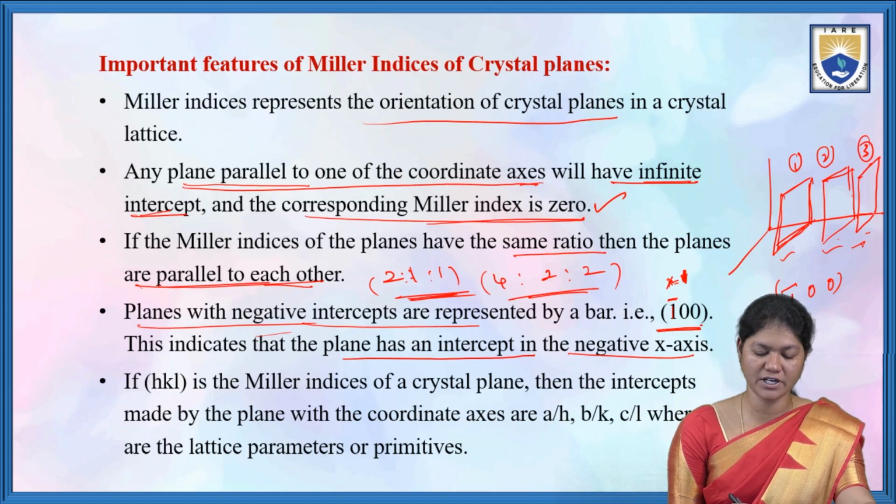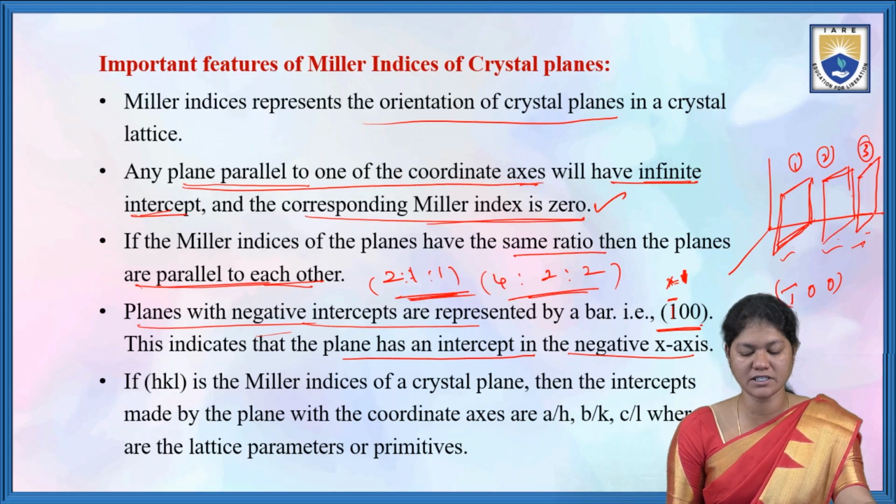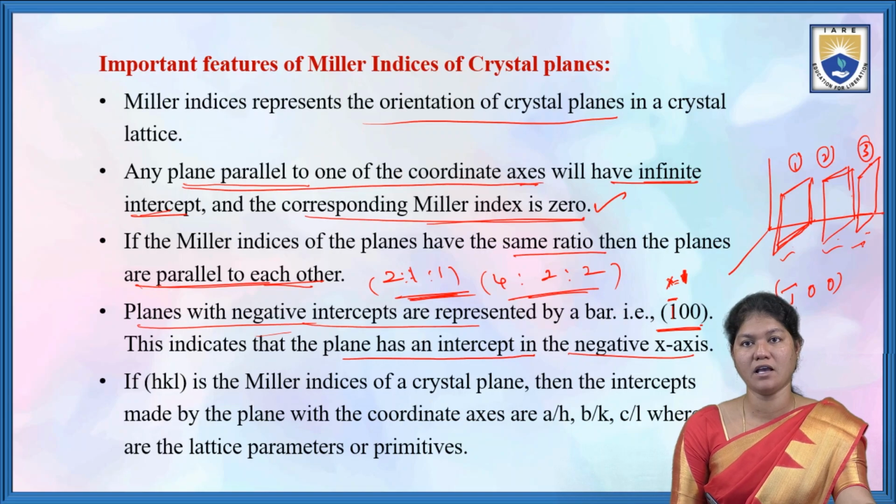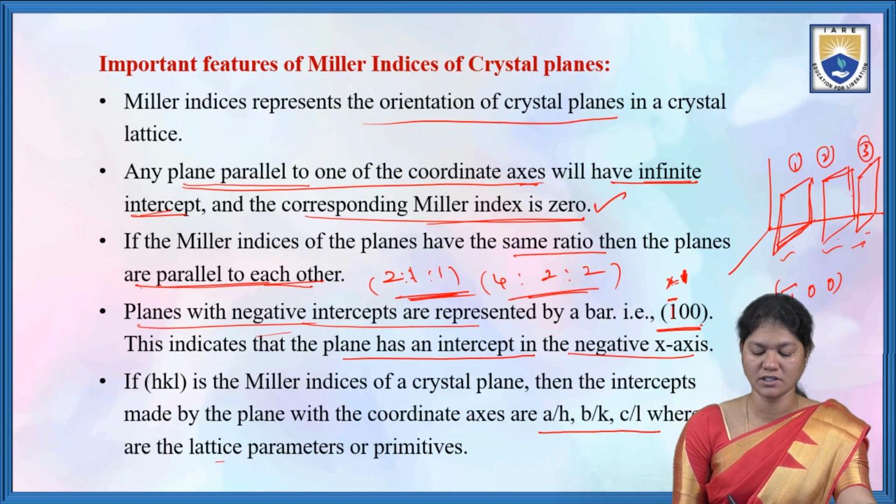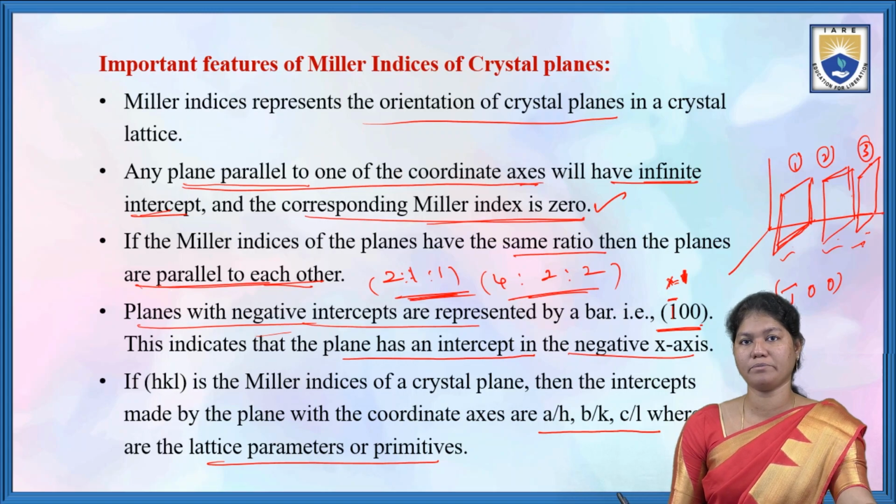Okay, if h k l is the Miller indices of a crystal plane, then the intercepts made by the plane with the coordinate axes are a by h, b by k, c by l, where a, b, c are the lattice parameters or primitives.